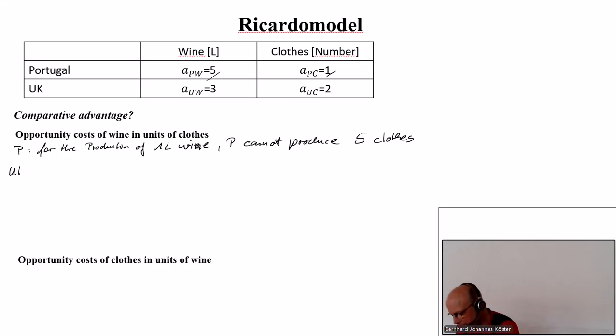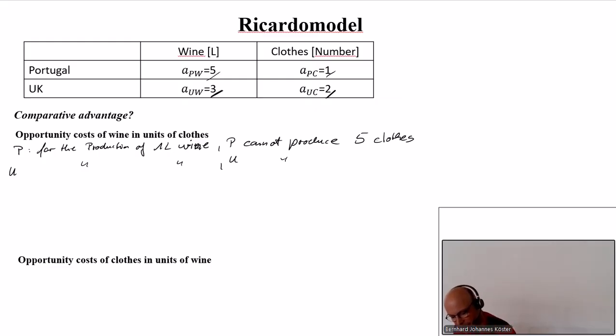And for UK, for the production of 1 liter of wine, UK cannot produce how many pieces of clothes? Well, we have here 3 hours for 1 liter of wine and 2 hours for the production of clothes. Yes, 1.5.